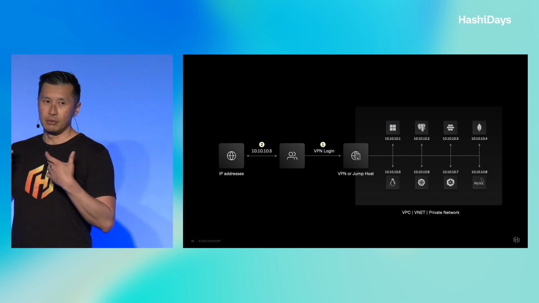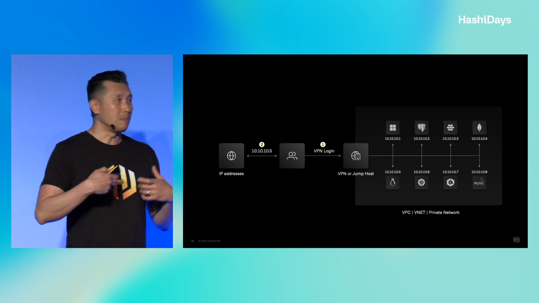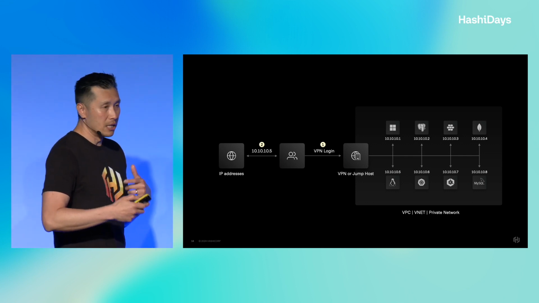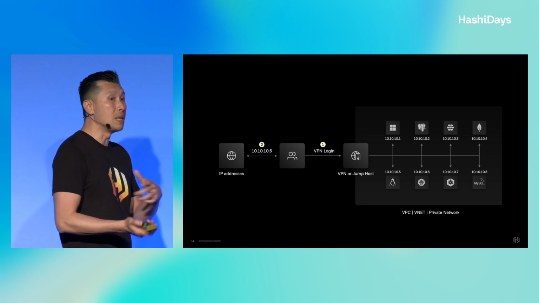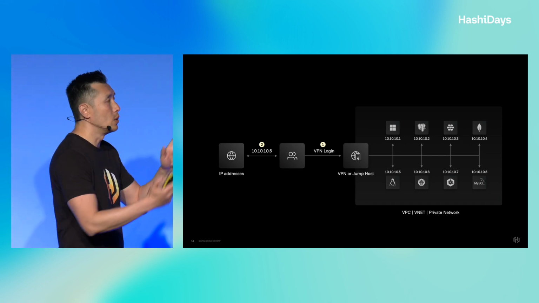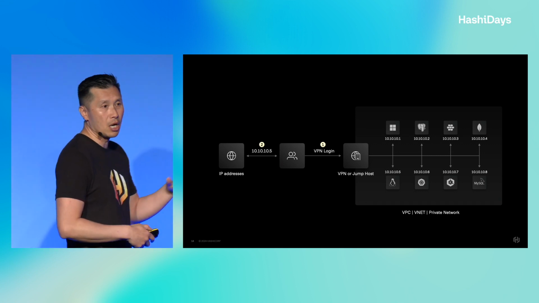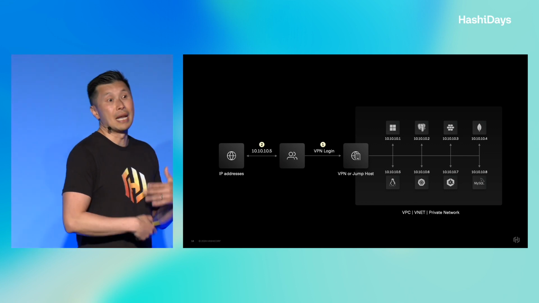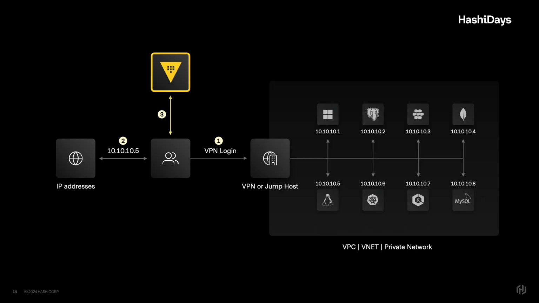Of course, resources are ephemeral. IPs are ephemeral all the time, so it's very challenging for them to keep track of the IP address. So they have to go and look it up in some spreadsheet or some other console, some other tool. Either way, it's an extra step. Then the third step is to retrieve those credentials. In this case, we're assuming you're using Vault.